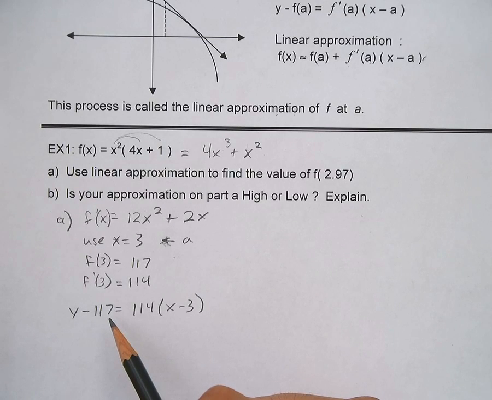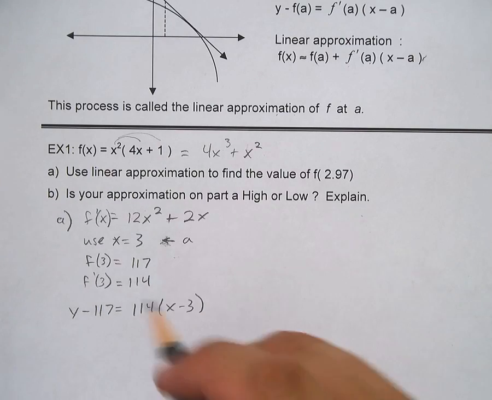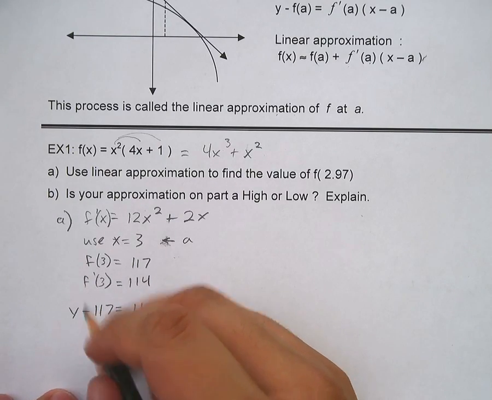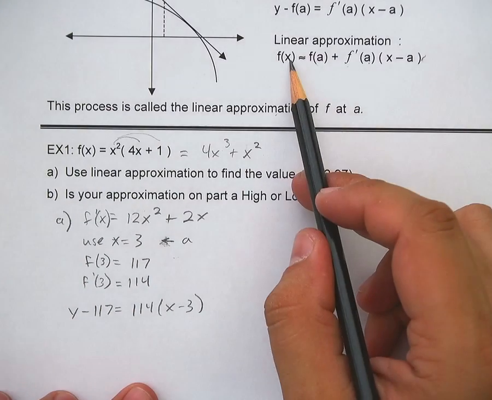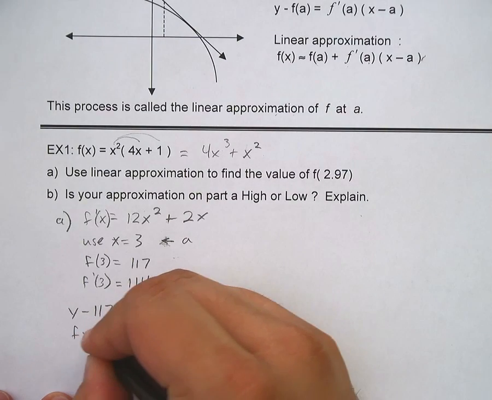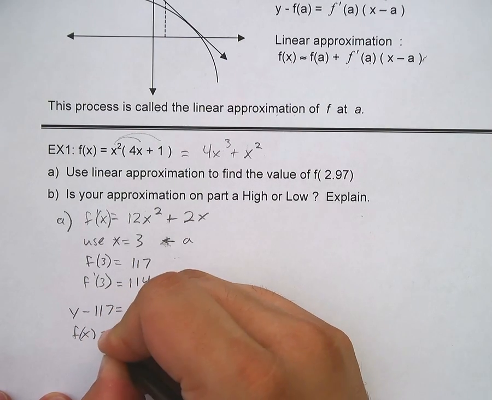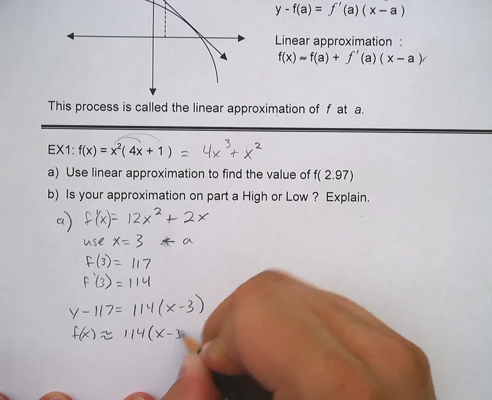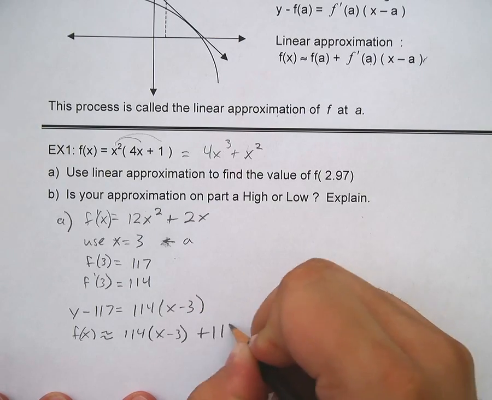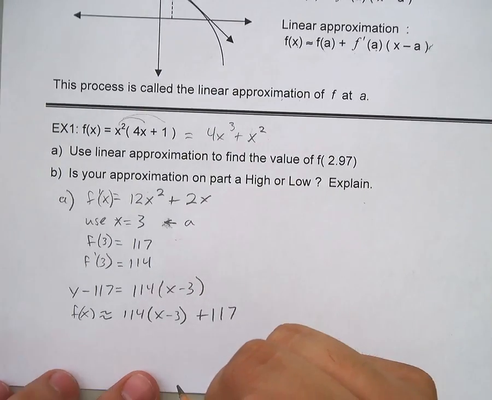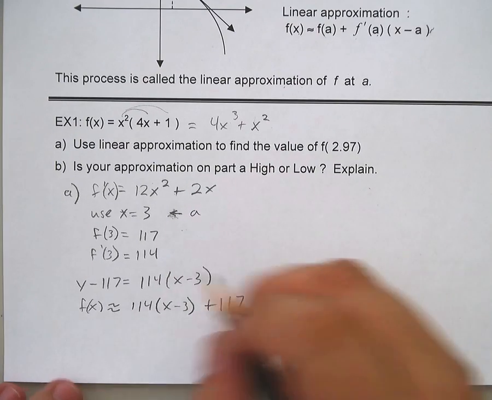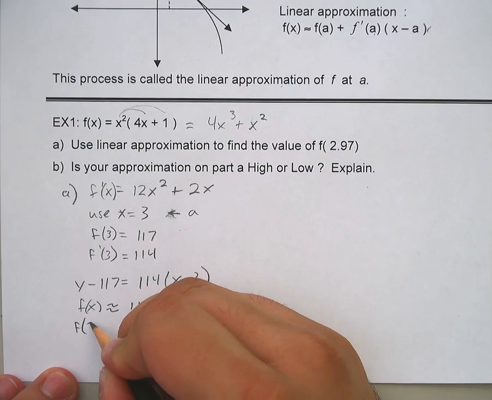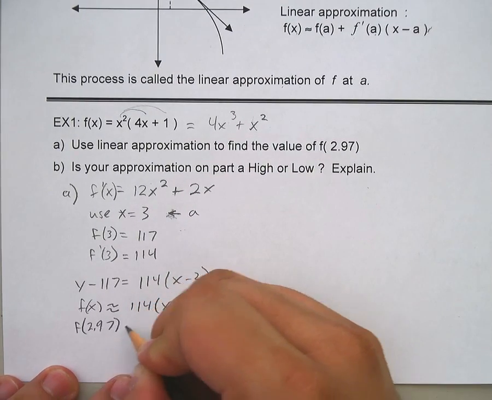So what I'm going to do here, let's take that 117 over, okay? And I'm going to say that my f of x is approximately 114 x minus 3 plus 117. And what I'm going to do now is plug in f of 2.97.